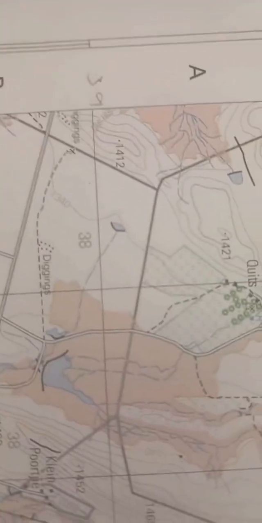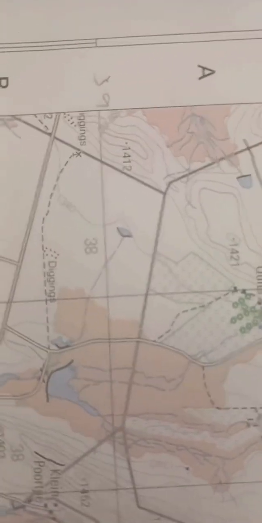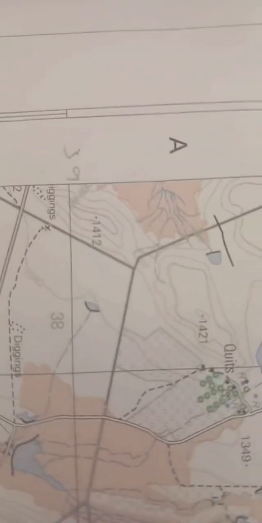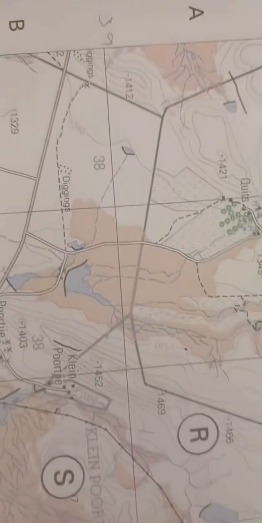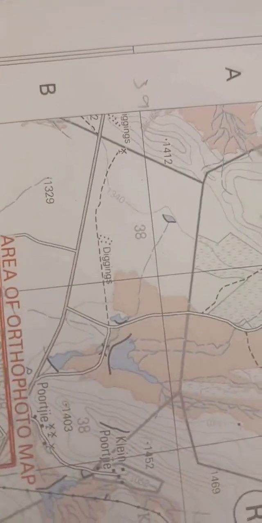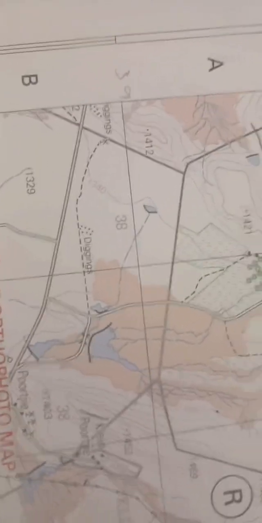So I've got 1421, in meters, minus 1412. You take your highest height minus the lowest height. Our highest is 1421 meters, our lowest 1412. That's how you calculate your vertical interval. Are we together? It is very clear.